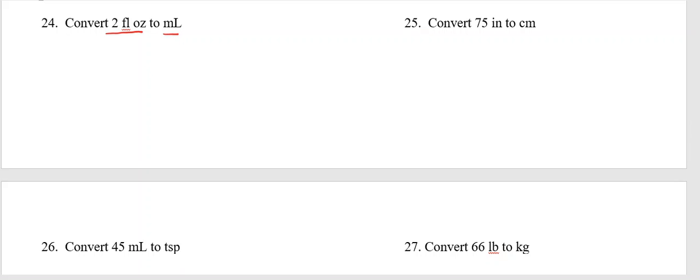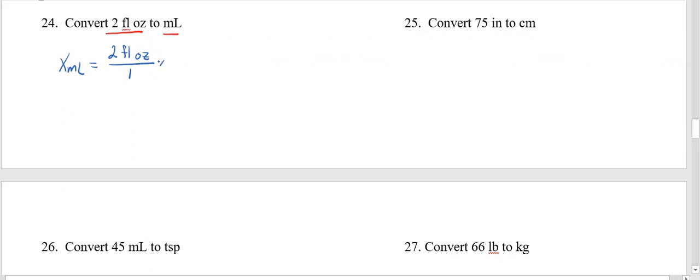I'm going to change colors. I'm getting tired of red. So I'm looking for milliliters. So I start with X milliliters. And then I'm given 2 fluid ounces, so FLOZ, and that goes over 1 times my conversion. So fluid ounces goes on the bottom, because that's what I started with, and I'm looking for milliliters. Now if you go back and look, what's my conversion?